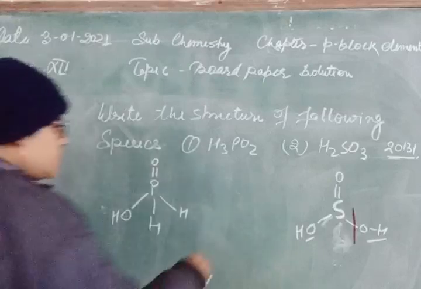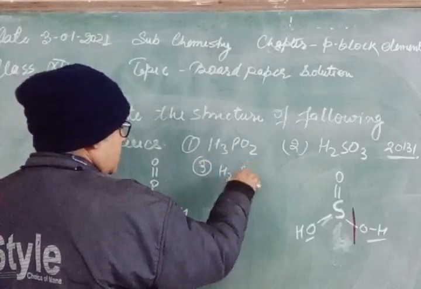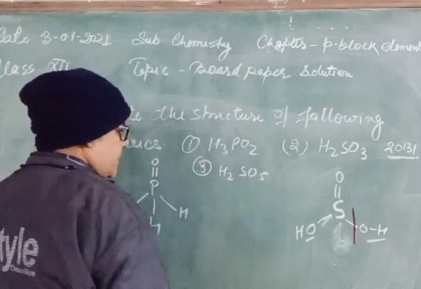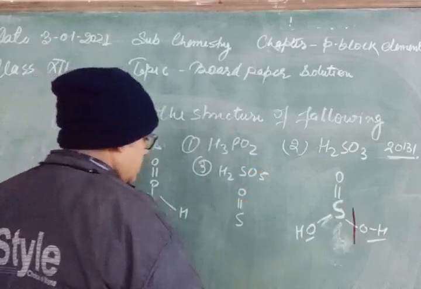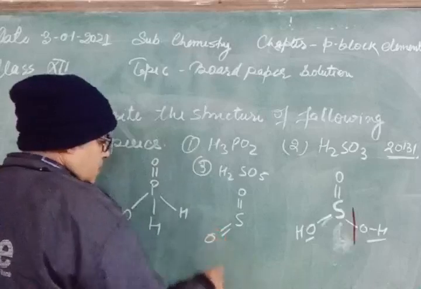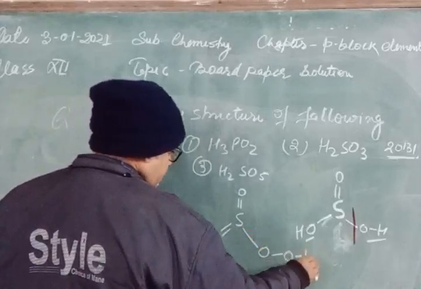Now the next one is H2SO5. The structure will have two oxygens double bonded to sulfur, and here is one peroxide bond.